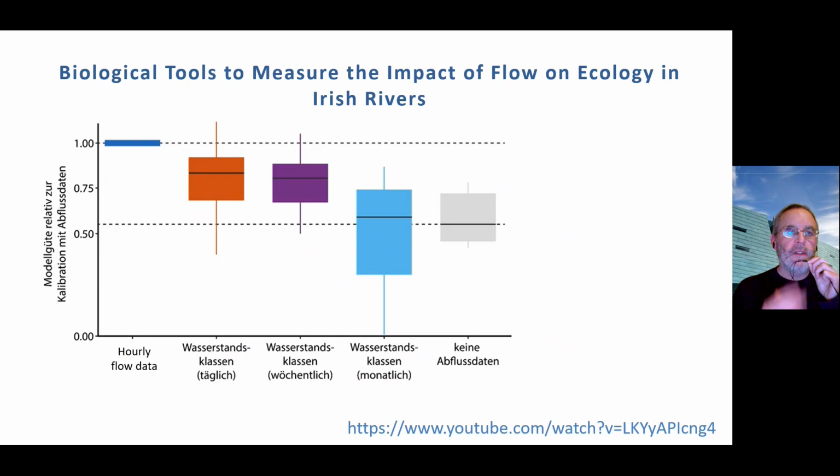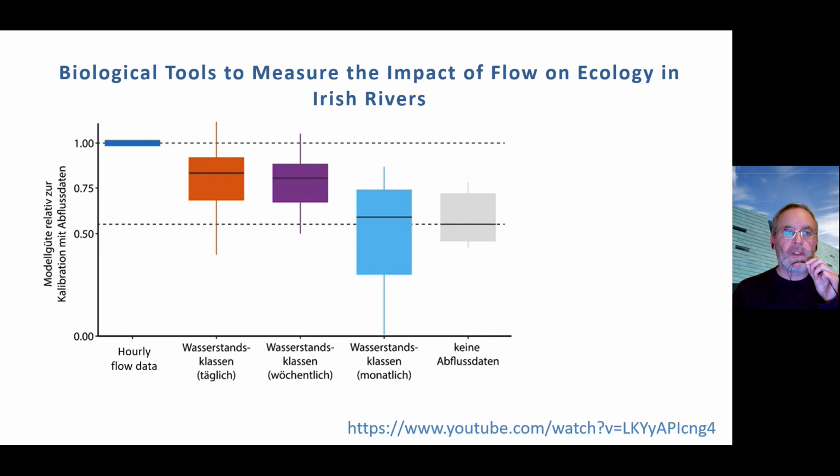On the very left, the navy blue line at the very top, against a 1, is a hydrological model calibrated using hourly flow data. This is the model you get from using what could be considered the best possible data you could have.